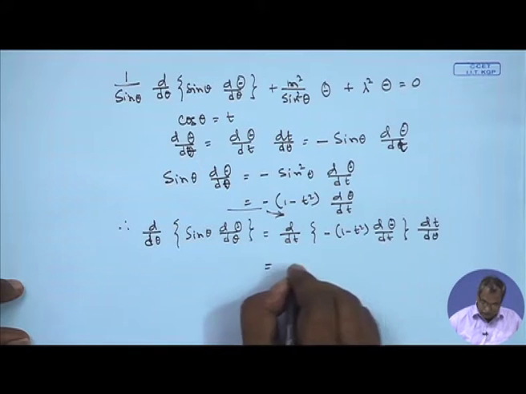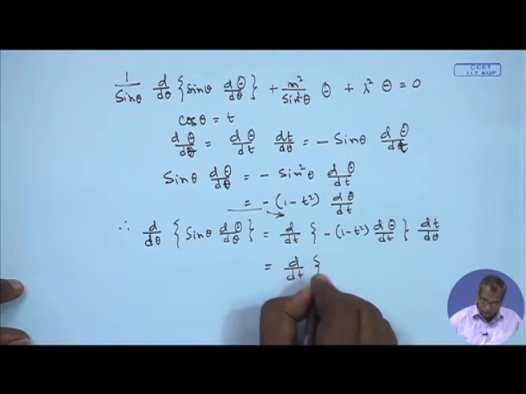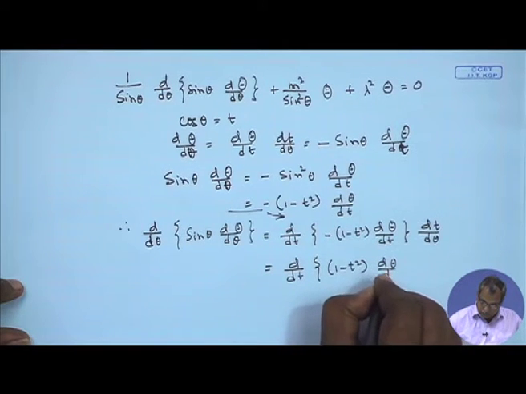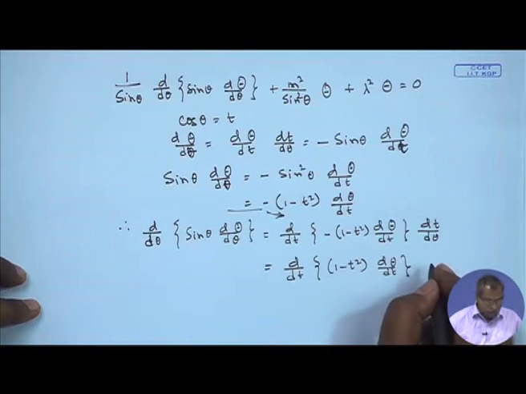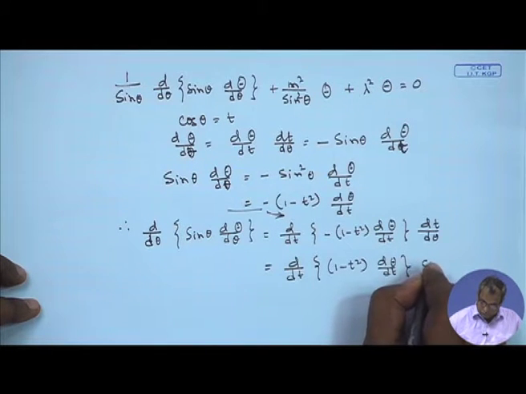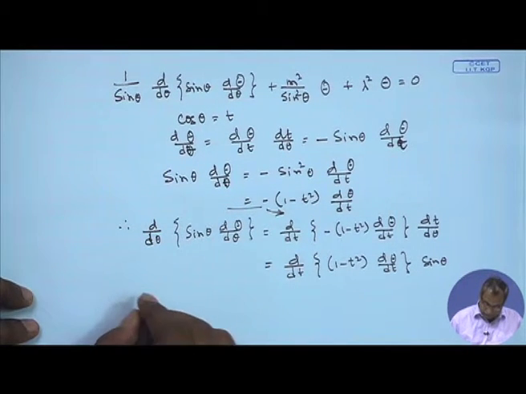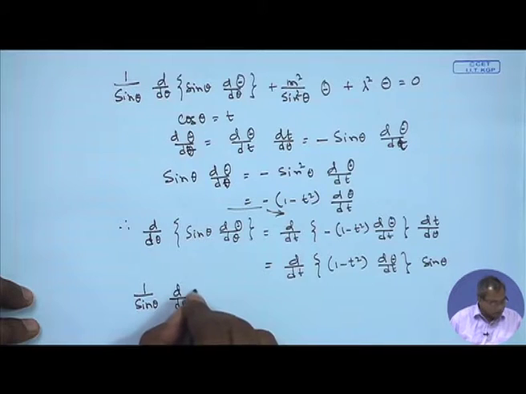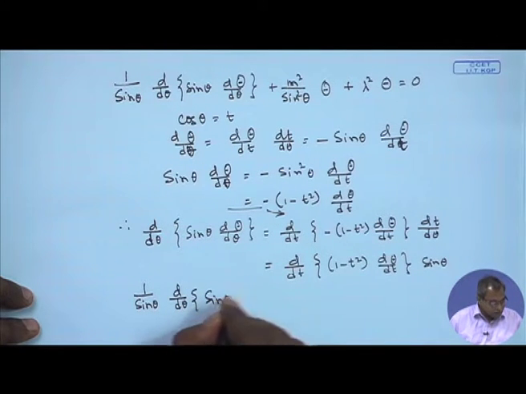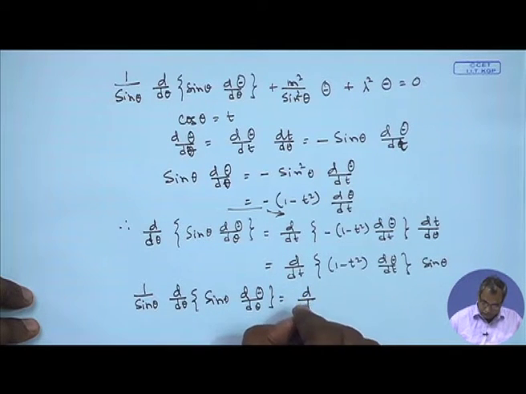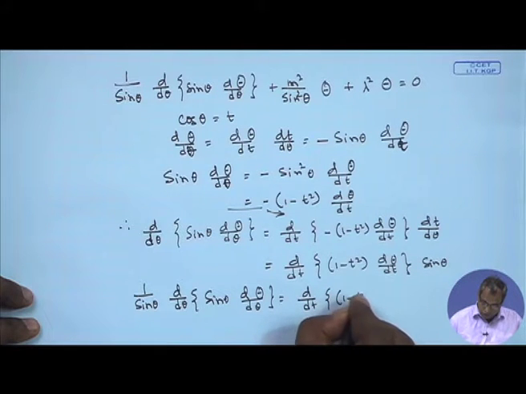So the minus will be consumed, and we get 1 over sin theta d/d theta of sin theta d Theta/d theta is equal to d/dt of (1 minus t square) d Theta/dt.